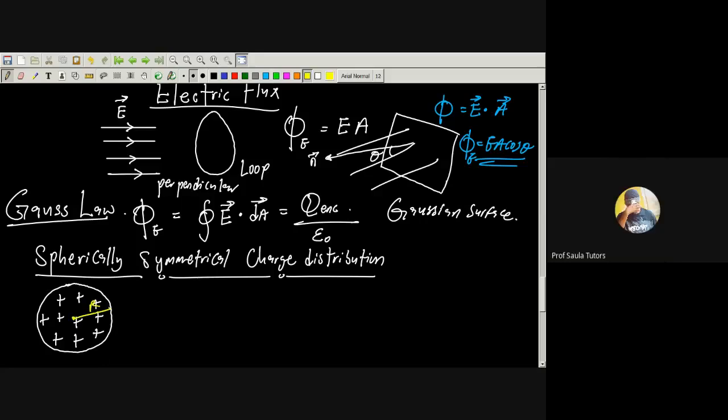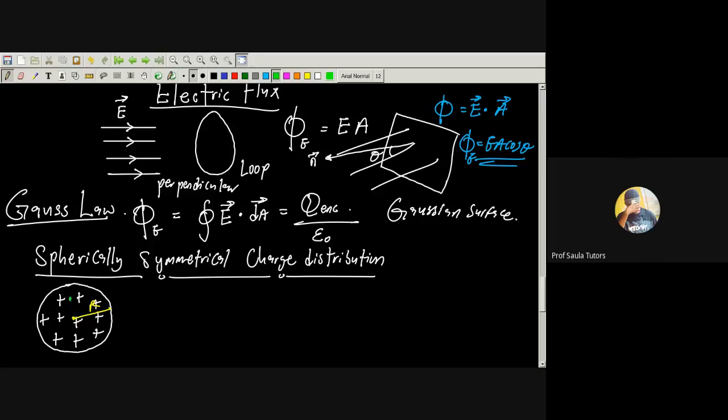Now, the question is this: how do we go about it when they ask us to find the electric field inside this sphere? We want to find the electric field at some point away from the center, but that point is still inside the sphere. Let me say at this point.